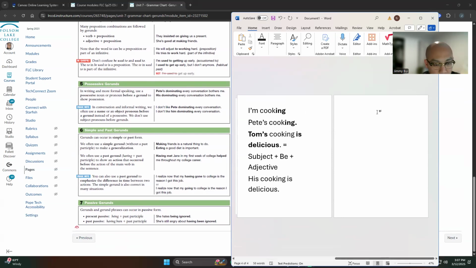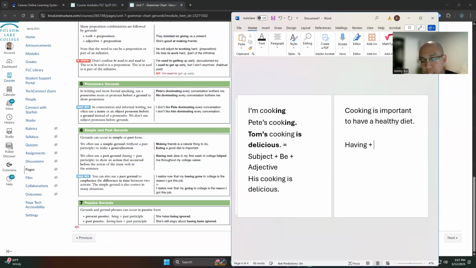So using a simple gerund as the subject: cooking is important to have a healthy diet. To use it in the past, you want to use the past participle. Having plus past participle, right? And so usually a past participle ends in ed for regular verbs, but for irregular verbs, I ate is simple past.